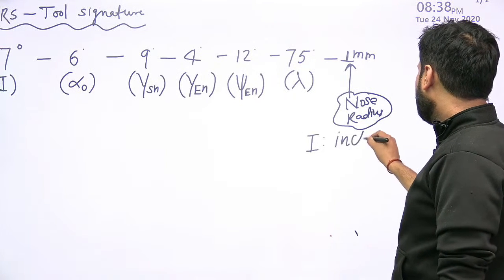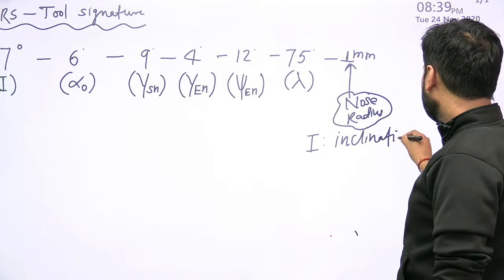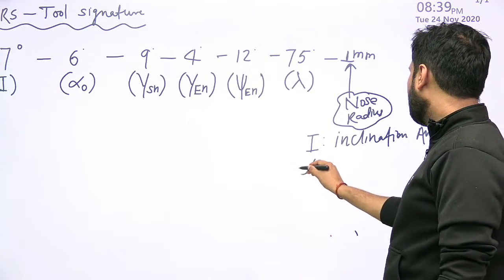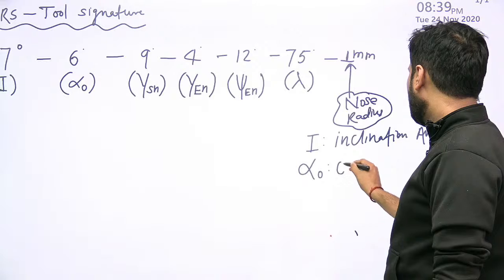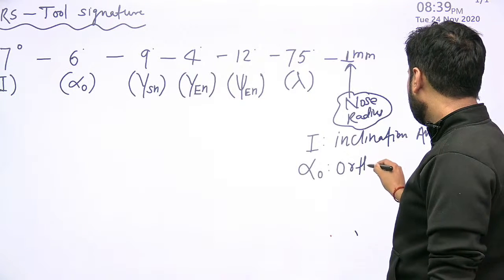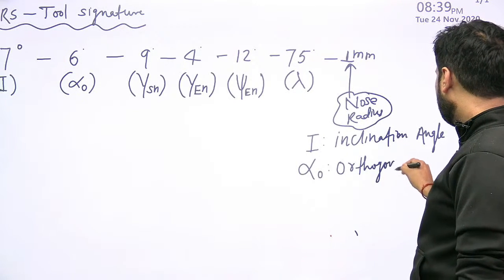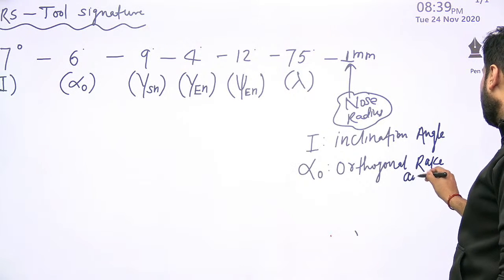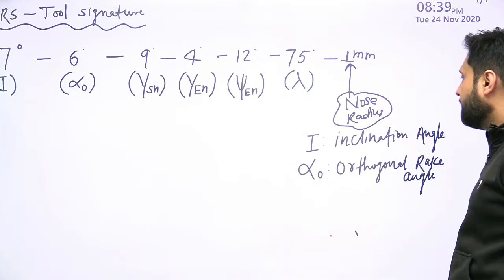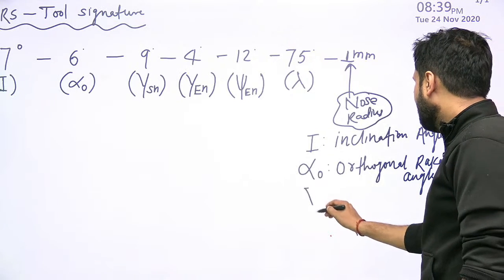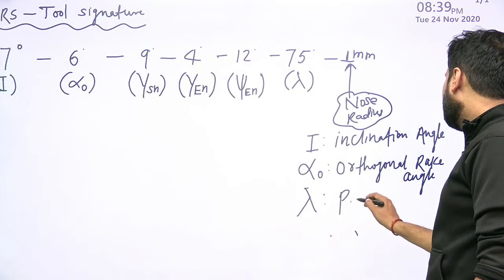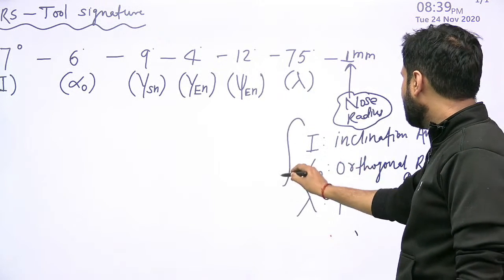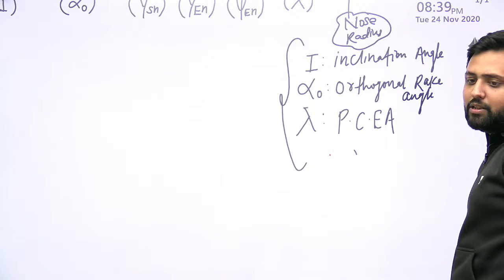I for inclination angle, then alpha naught is your orthogonal rake angle, and this angle is the most important angle in metal cutting apart from inclination angle, and this lambda is the principal cutting edge angle. Whole metal cutting force analysis is based on only these three angles.